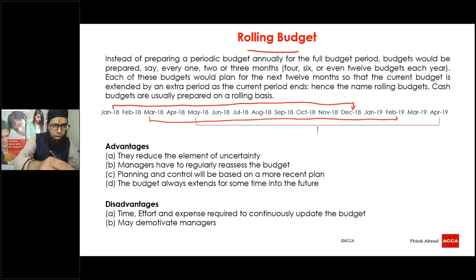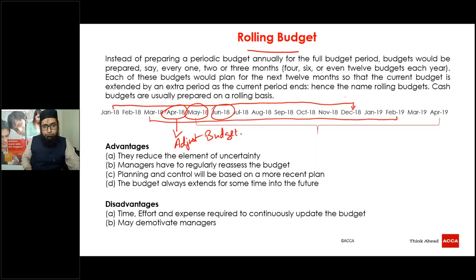Now, I already had prepared the budget of April, May, June, etc. So I don't need to re-prepare it from the start, but there should be some relevant changes. There should be some change in circumstances that I now came to know. So I have the opportunity to at least adjust this budget to make it more realistic. Okay?